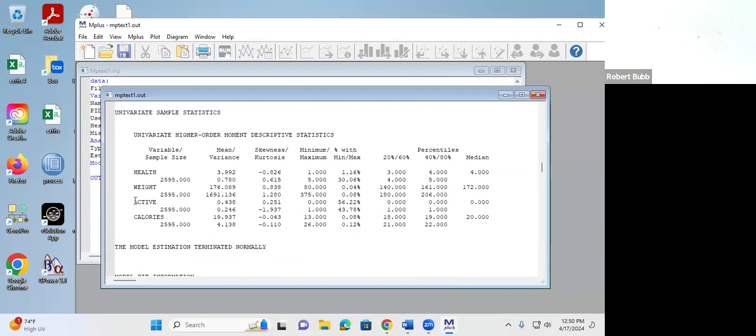For active, 0.251 seems to fall within that range, so we would conclude normal distribution, which means our best measures of central tendency and variability are mean and standard deviation. But we don't have standard deviation here, so square root the variance. 0.496 would be the standard deviation.